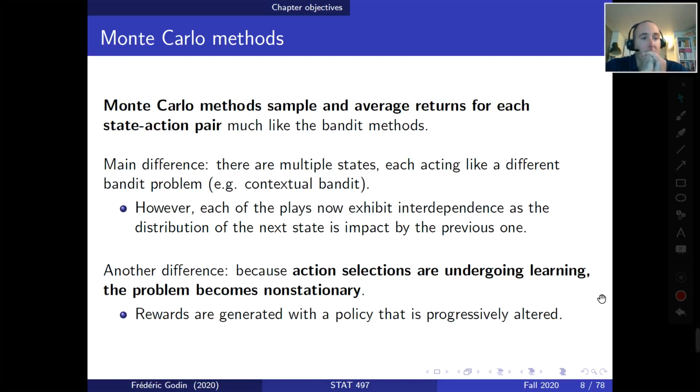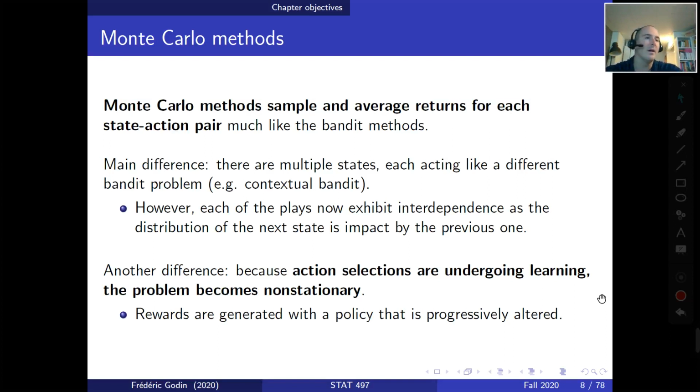Okay, so again, how does it work? In Monte Carlo methods, you simulate. So right now, let's consider a fixed policy. Eventually we'll go to optimizing the policy, but for now, let's consider some fixed policy.